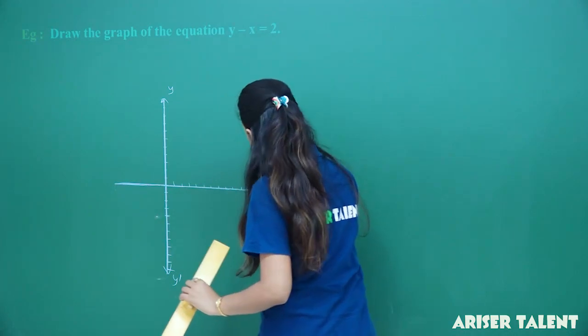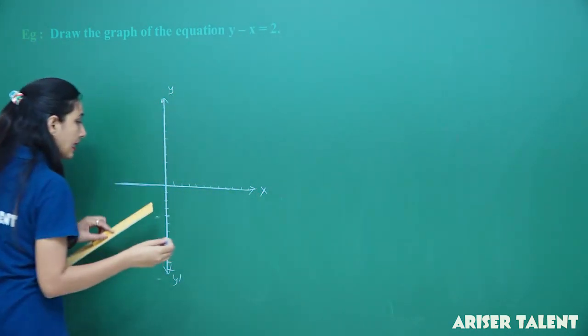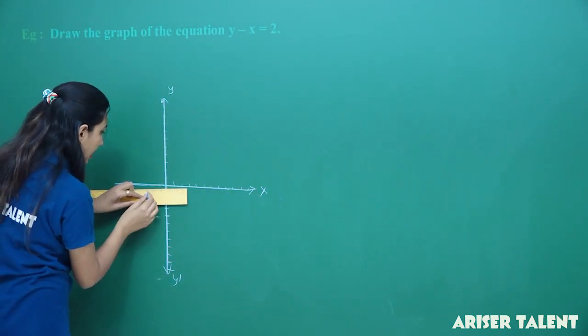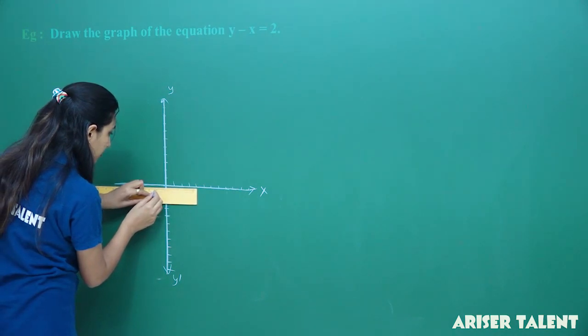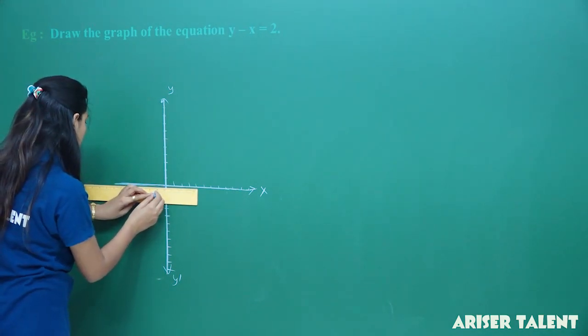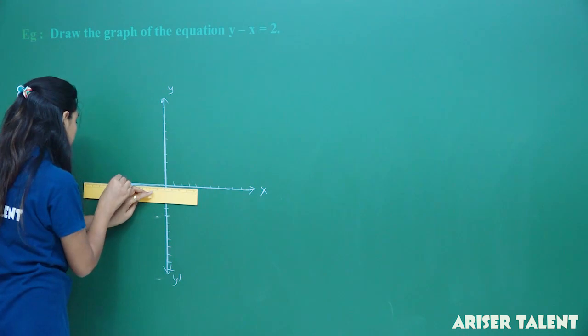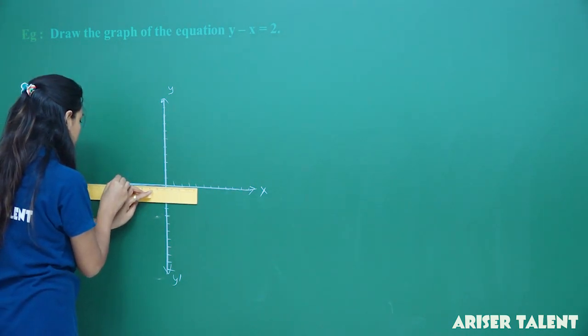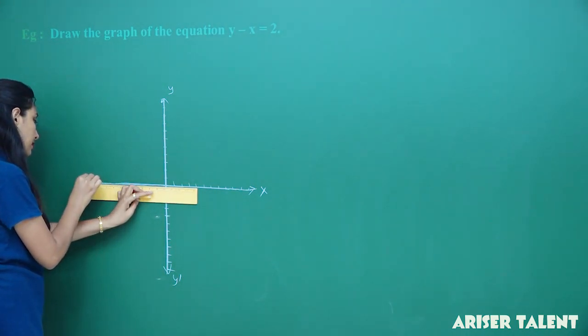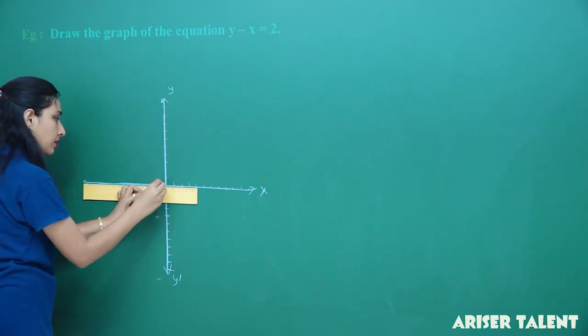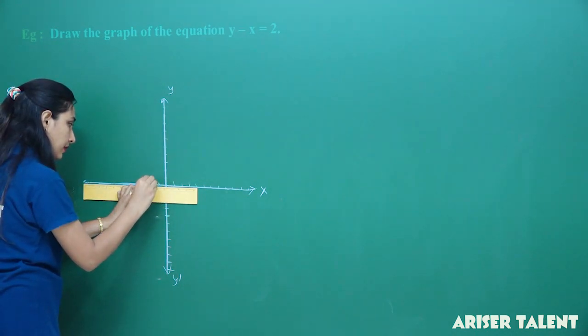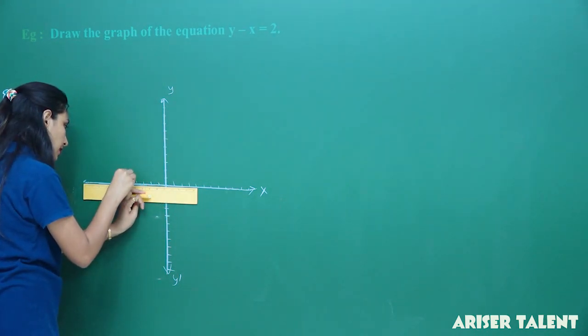And that is what? X and X dash axis, right? Okay, here also I'll go with the same thing like this. So, right here we'll mark these points.